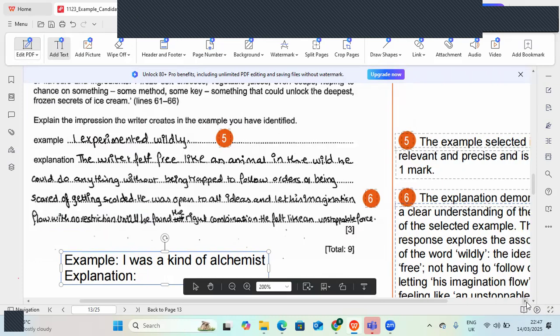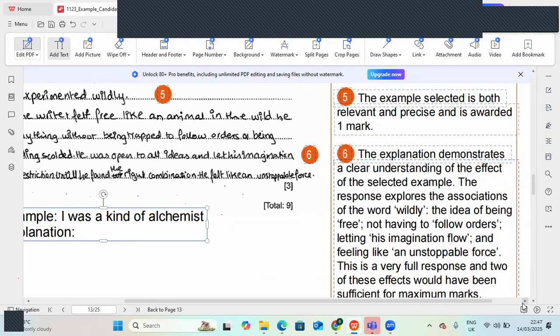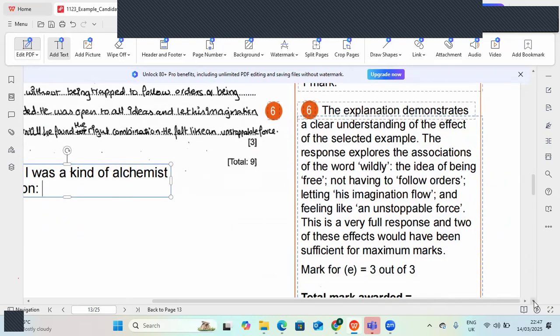Now we'll look at this one here. It says the explanation demonstrates a clear understanding of the fact of the selected example. The response explored the association of the word wildly, the idea of being free, not having to follow orders, letting his imagination flow, and feeling like an unstoppable force.